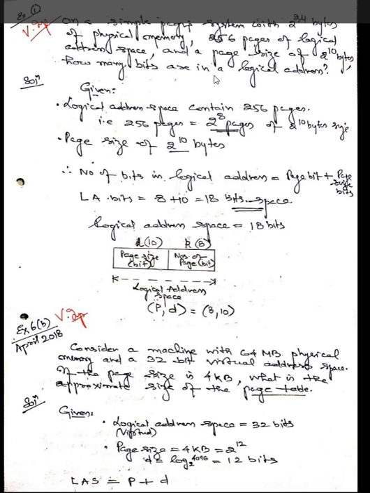Now, in this particular case, keep this in your mind: the logical address space, the number of pages, and the page size. You can denote the number of pages as P and the page size as D, or whichever notation you like.